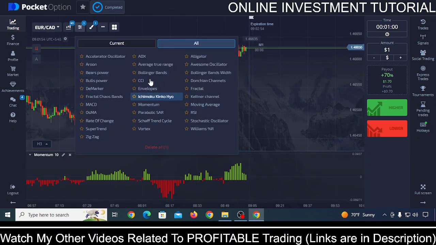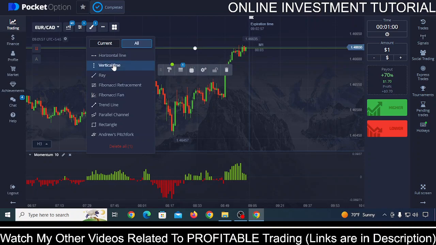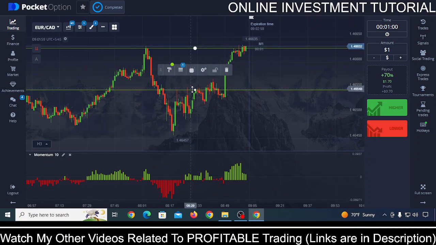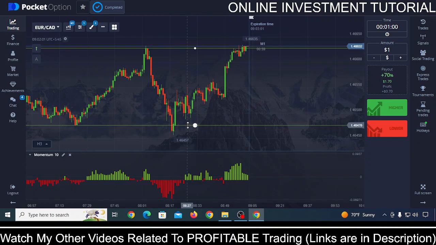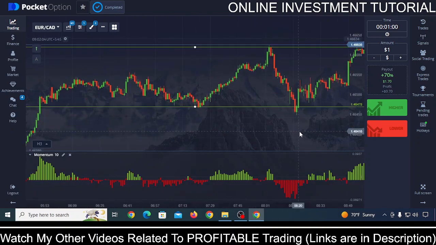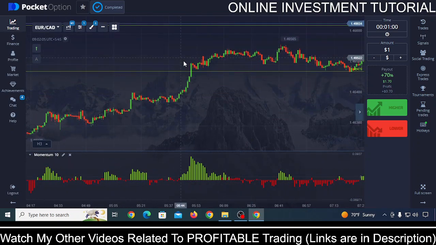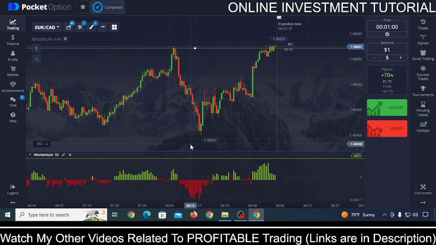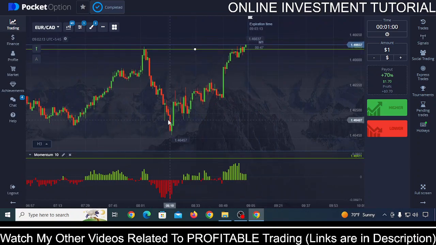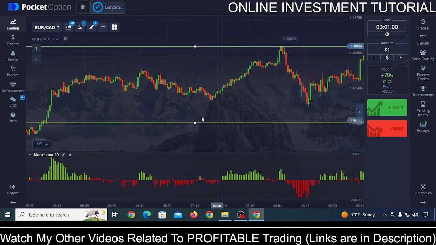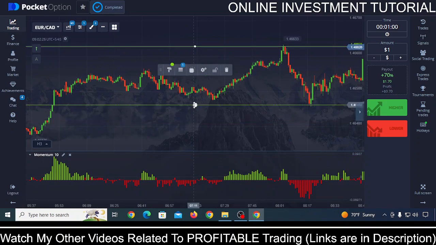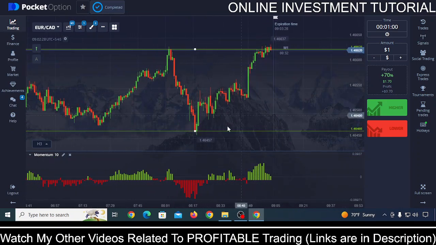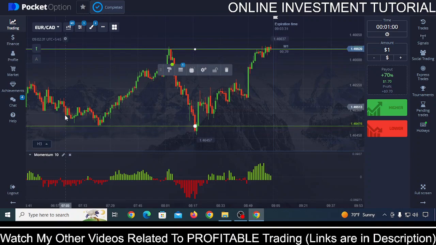Then again click on horizontal line and pull it below, and you can see this can be the support area. As you can see here, it has respected it also. Sorry, it went a little bit down. Let's pull it back to this level, not this level, this level. So this is your resistance area and this is your support area.